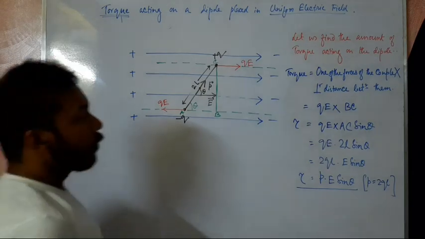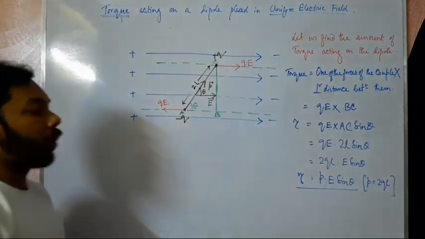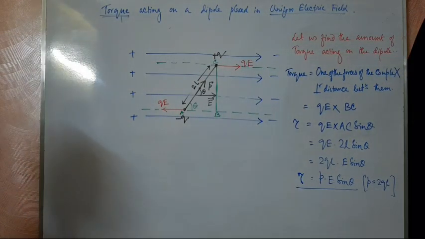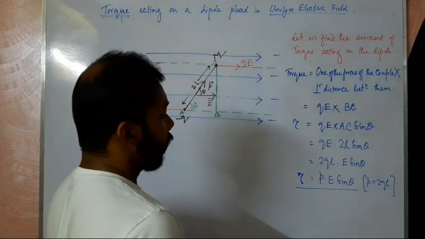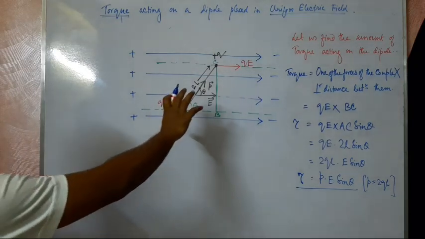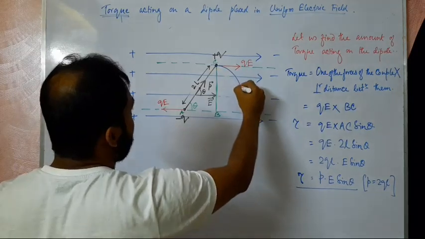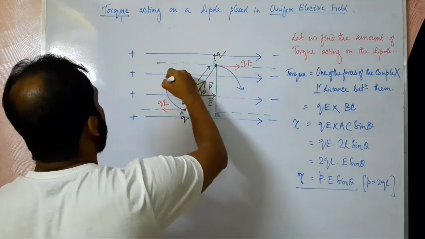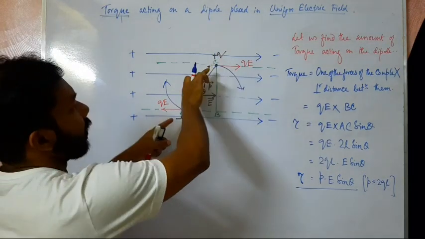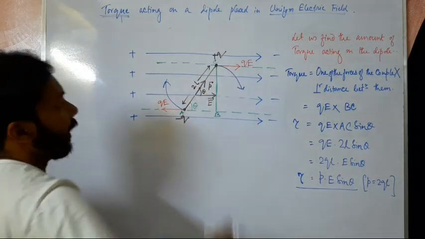Now we all know how to find the direction of the torque. To find the direction of the torque, we need to use the right hand corkscrew rule. If we see what will happen, this force will tend to rotate the dipole in the clockwise direction, because the force is pulling it in this direction and the other is pulling it in the opposite direction, so it will rotate just like that.